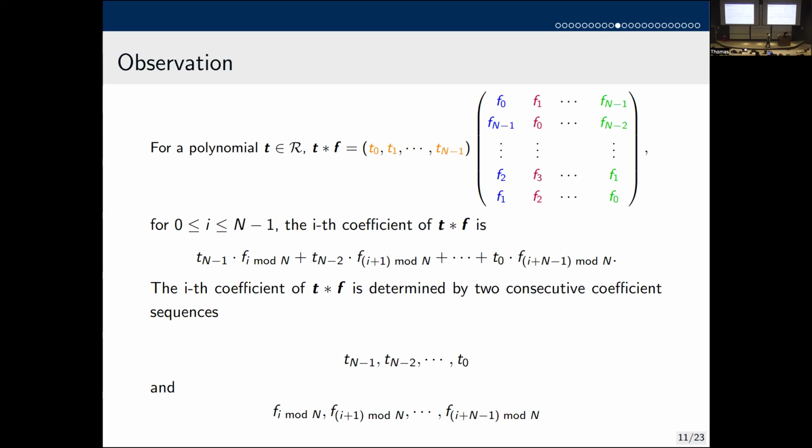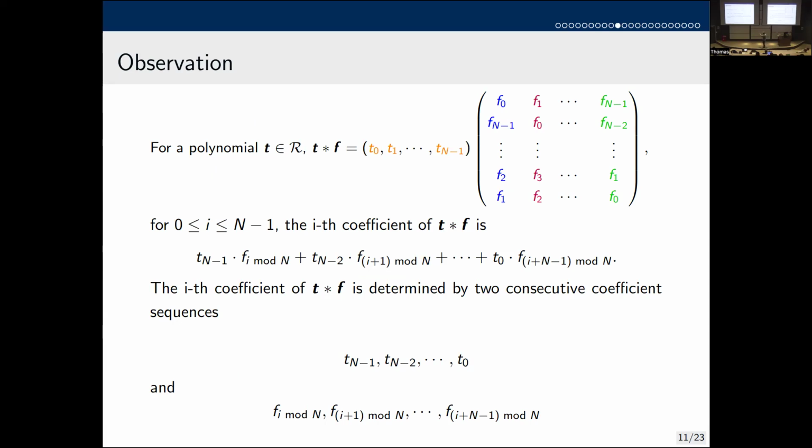Okay, and if you observe that if you multiply something in the polynomial case, in this ring case, and you express it in matrix form, essentially you multiply this row vector by this matrix coming from a rotation of the coefficients of F. Essentially you are doing a convolution product.